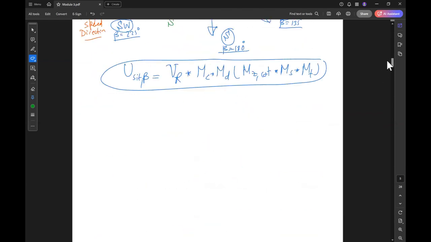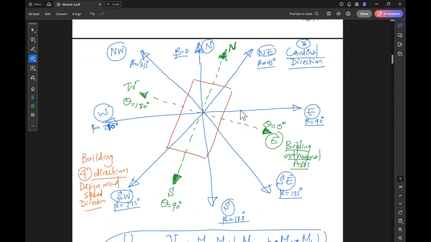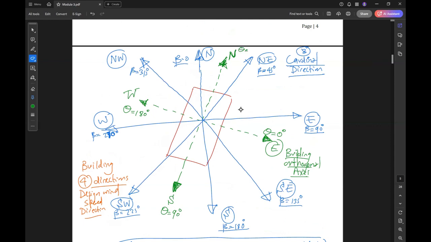If we update our building, the green ones are called building orthogonals or building orthogonal axis. The building orthogonal axis at theta equal to 0 for the east, theta equal to 90 for the south, theta equal to 180 here, and finally theta equal to 360 for the north.